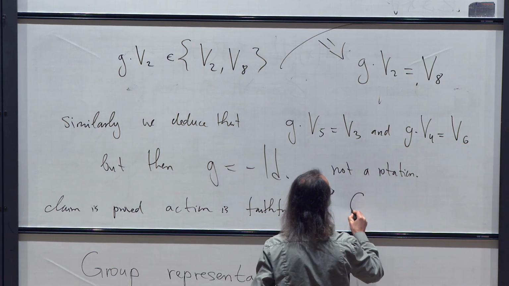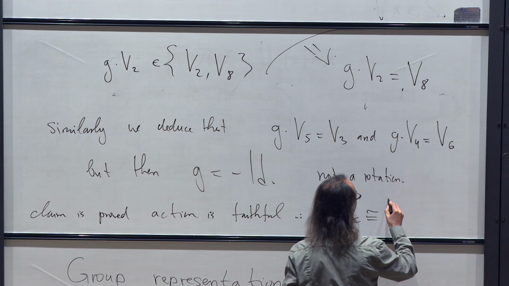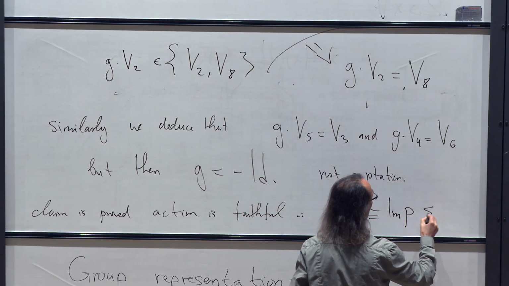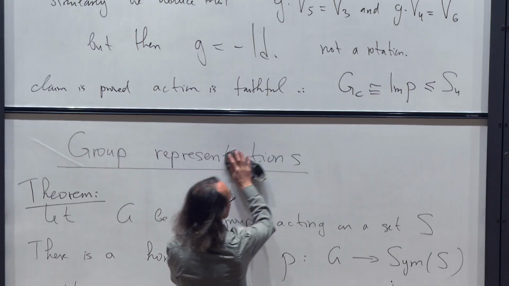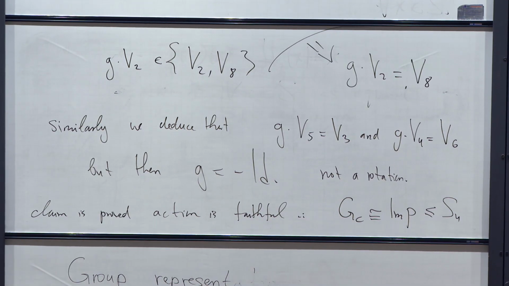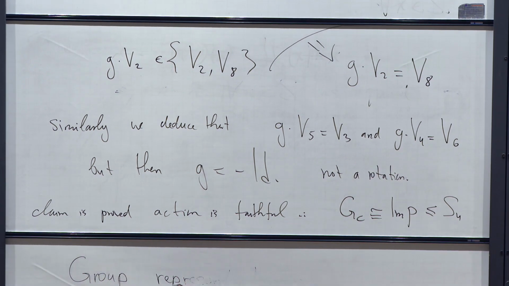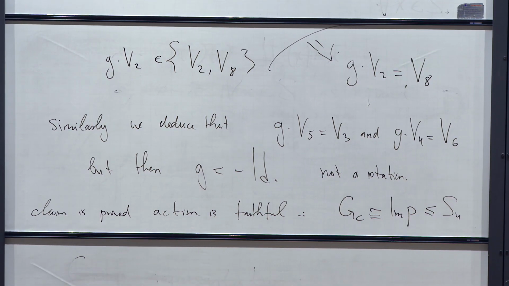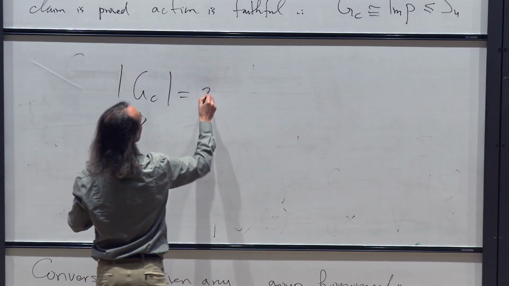Therefore, the group of rotations of the cube is isomorphic to the image of rho, which is a subgroup of S4. But now comparing sizes, the size of the rotation group, we know it's 24.